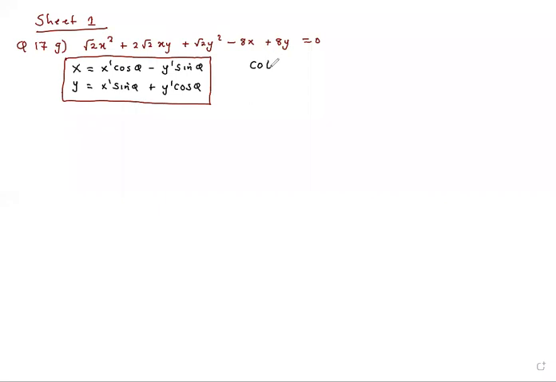So you'd say cot 2 theta is equal to A minus C over B, or tan 2 theta is equal to B over A minus C. Remember, cot and tan are just reciprocals of each other. If you multiply the two, you get a 1.